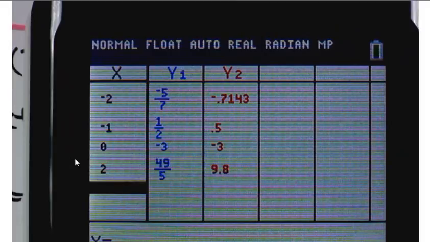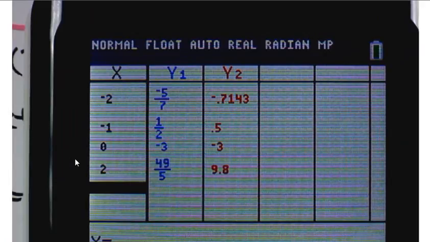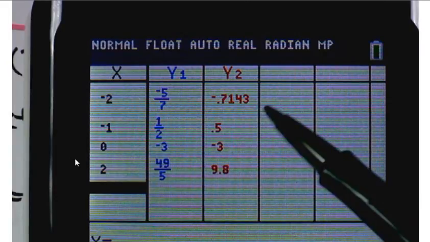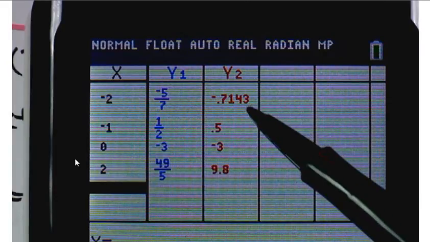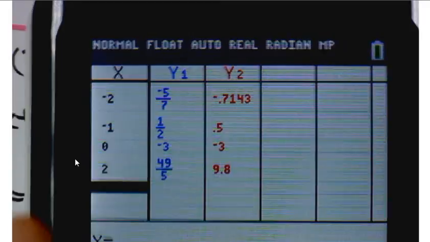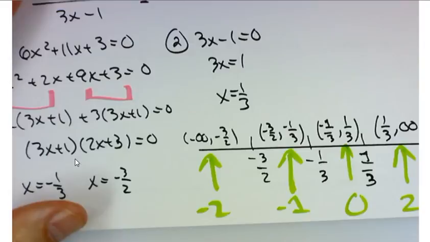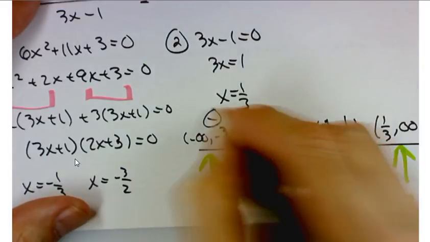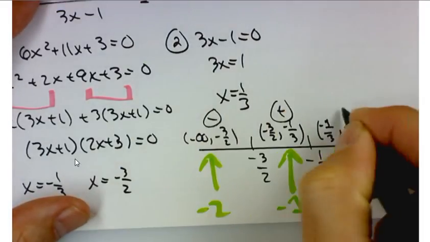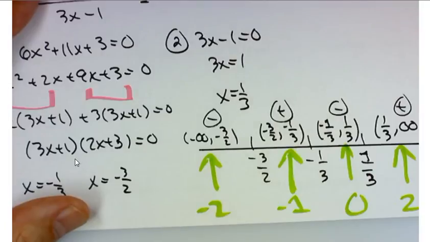In either case, we can get the same information out of this. What information do I need off this table? Yeah, what's negative and what's positive. So it has an alternating sign pattern, negative, positive, negative, positive. Let's write that down. So negative, positive, negative, positive.